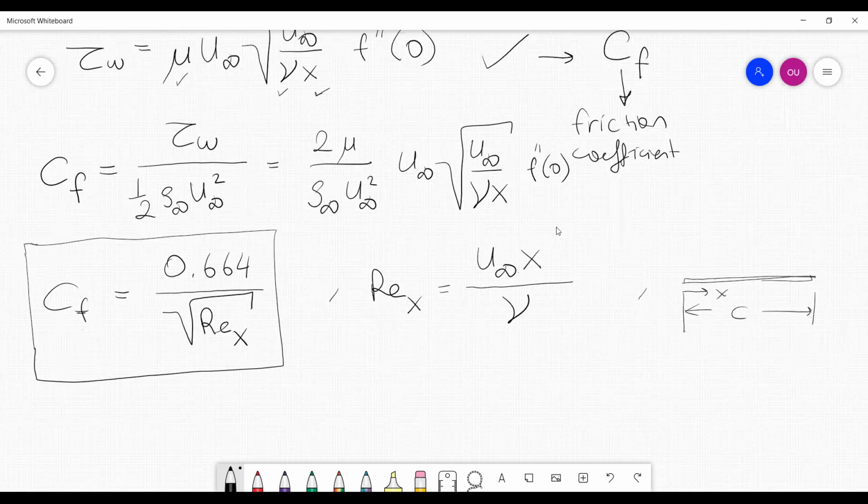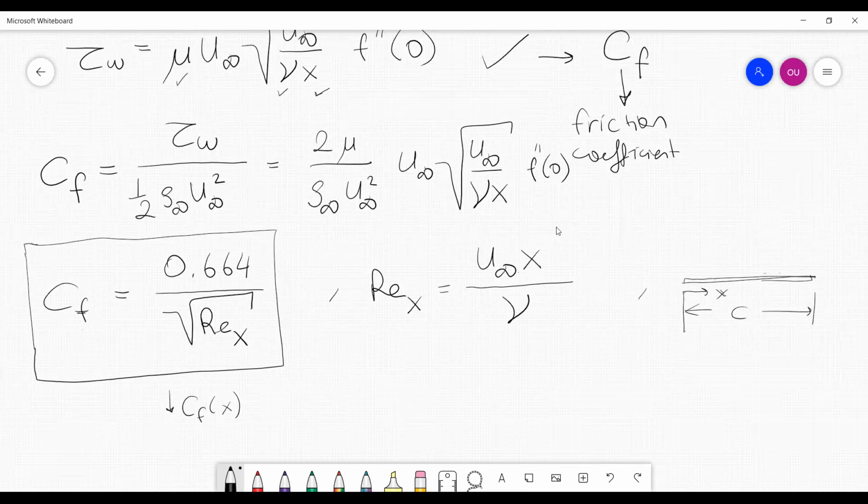So CF will have a certain distribution here, right? As you move from the leading edge to the trailing edge, x will increase, Reynolds x will increase, and therefore CF will be a function of x. At every x location, you will have a value.